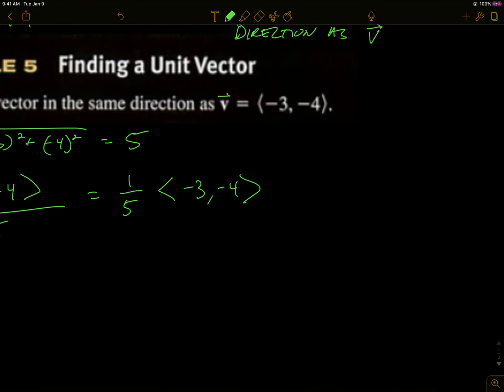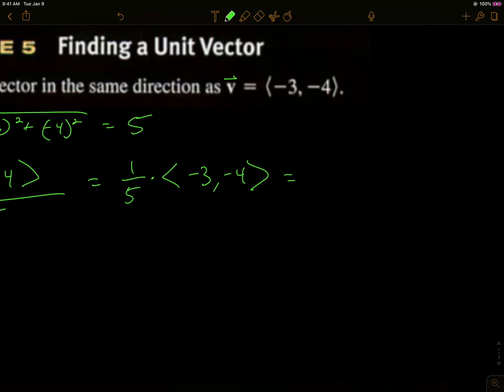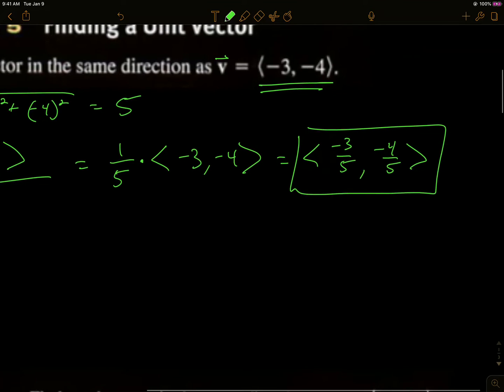We didn't talk about dividing a vector by anything, but we did talk about multiplying a vector by a scalar. So we multiply the 1/5 to both components. We get -3/5 and -4/5, and that would be our unit vector. It goes the same direction as this vector, but it's only 1 unit long.